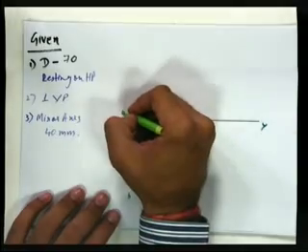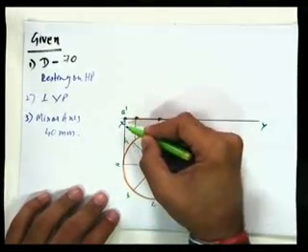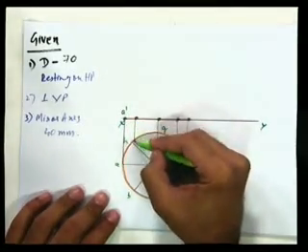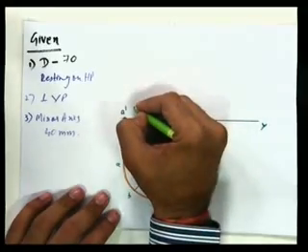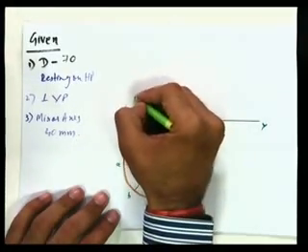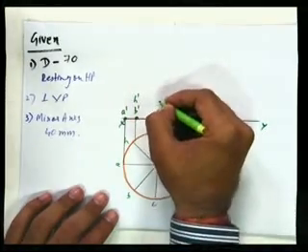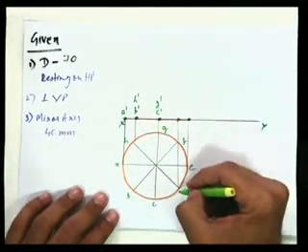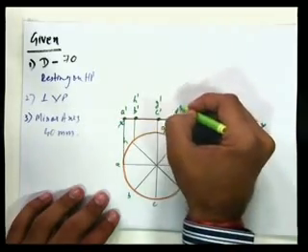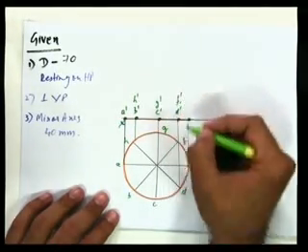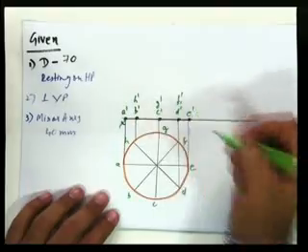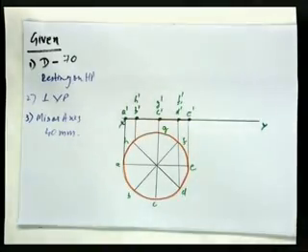This is A dash. From A it is corresponding to A dash. Now this point corresponds to H and B, so the first point is B dash and the second point is H dash. Now C and G, so C dash and G dash. D and F, so D dash and F dash, and finally we have E dash. Okay, so this is it.